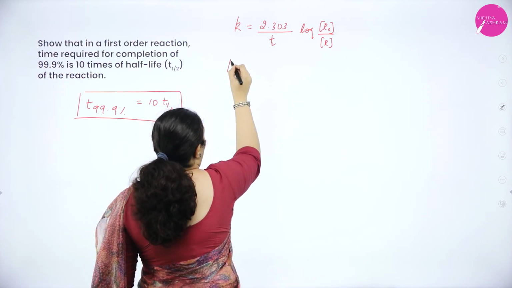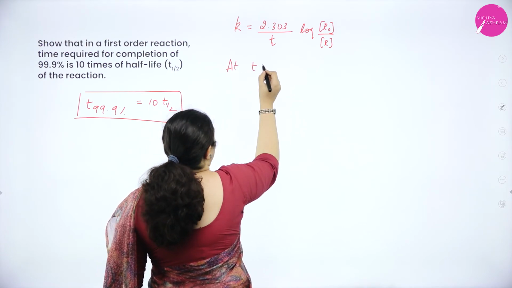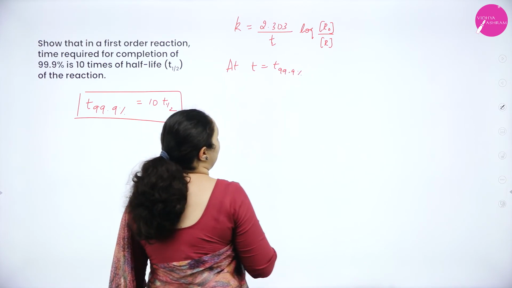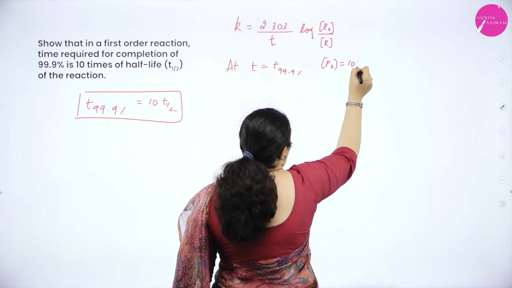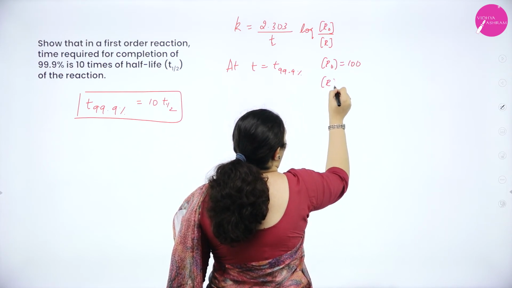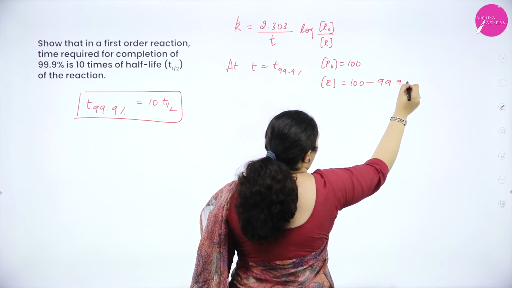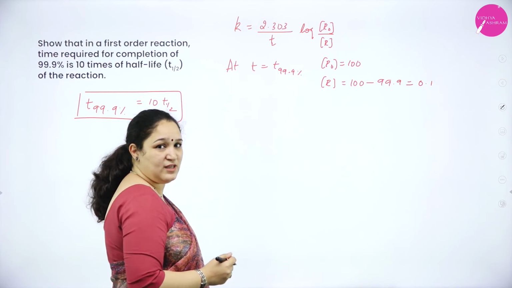Now at T is equal to T 99.9%, I will take R naught is 100, whereas R is 100 minus 99.9, which is equal to 0.1. Correct? Yes or no?